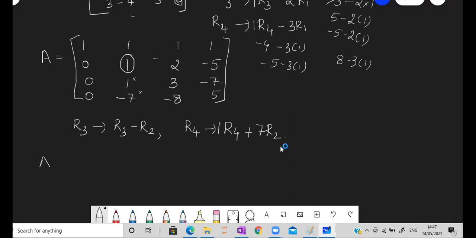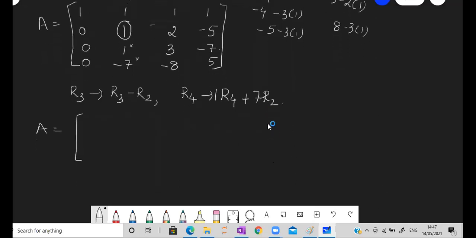Again, which rows are to be written the same? First and second, both. 1, 1, 1, 1; 0, 1, 2, minus 5, same. Next, this is 0. This also will be 100% 0. Next, R3 minus R2, no? So 3 minus 2 is 1.